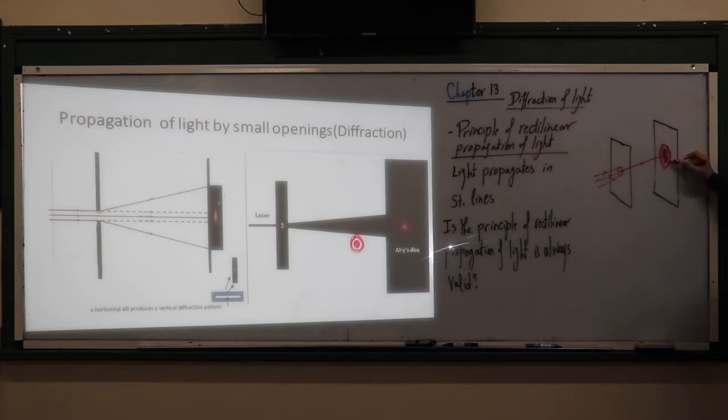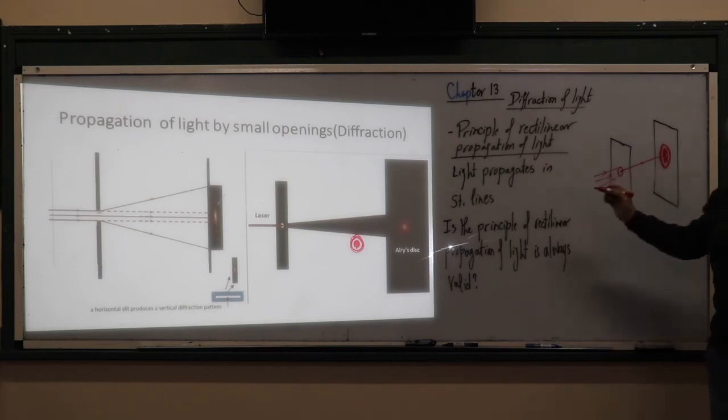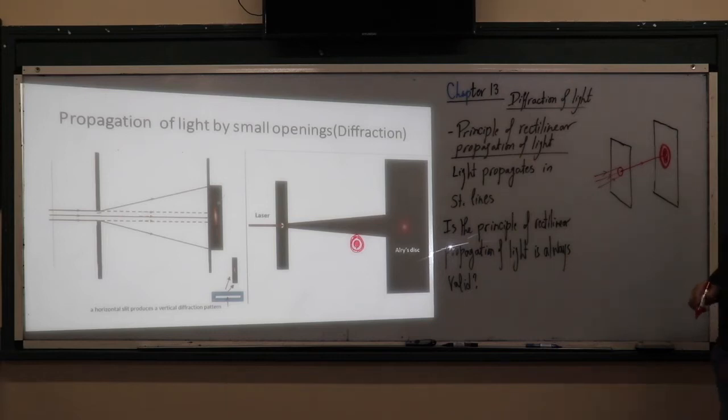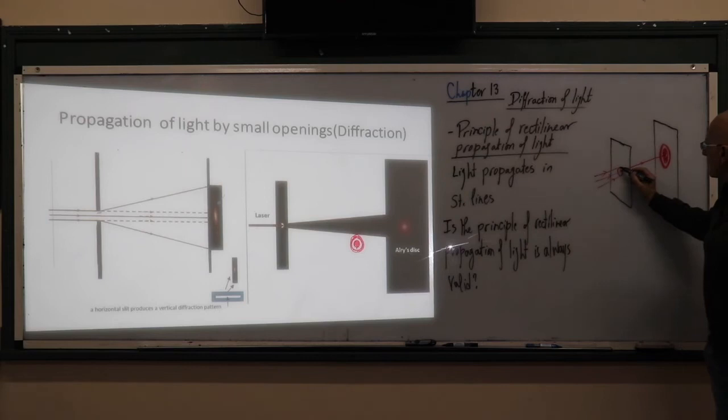This is bright. The white ring here represents the dark ring. Now, if the principle of rectilinear propagation of light is applied, you expect to get what? A spot.